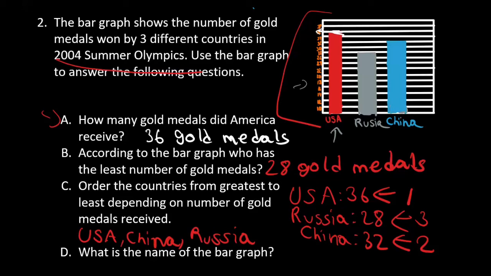Oftentimes you can find the name of the graph in the question. Over here, it gives us the information that it says the gold medals won by 3 different countries in 2004 Summer Olympics.